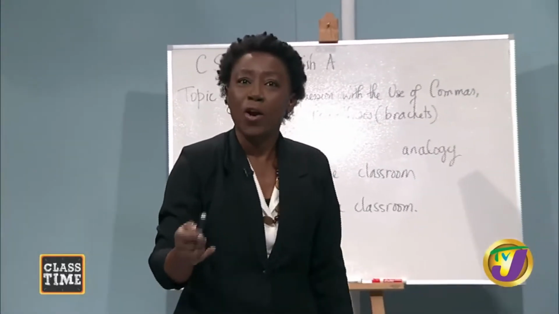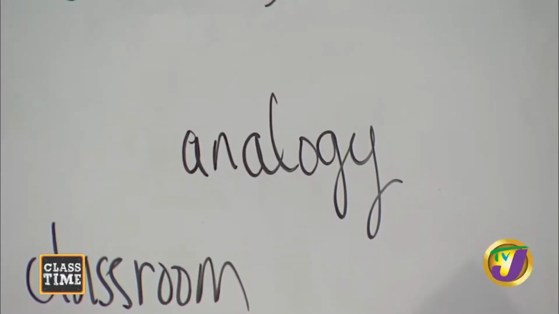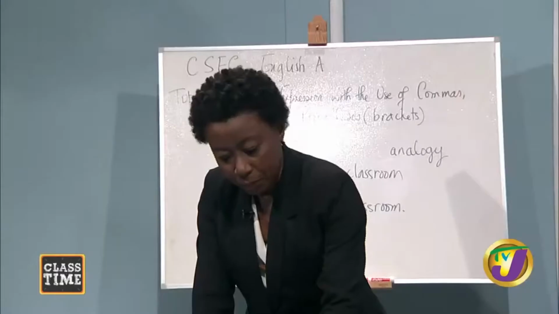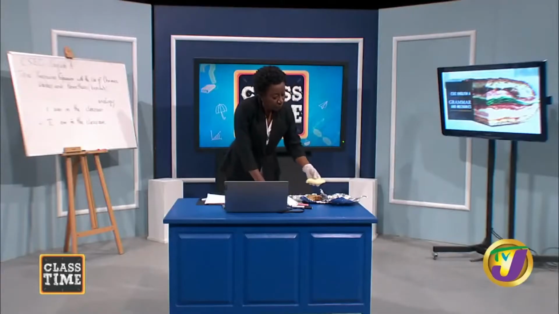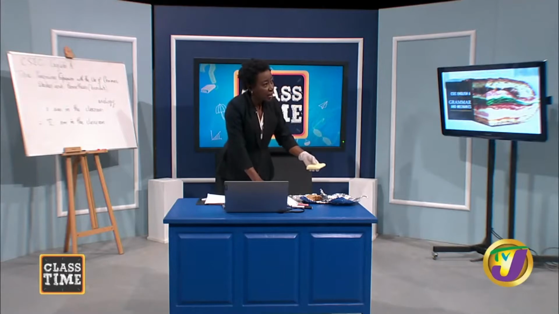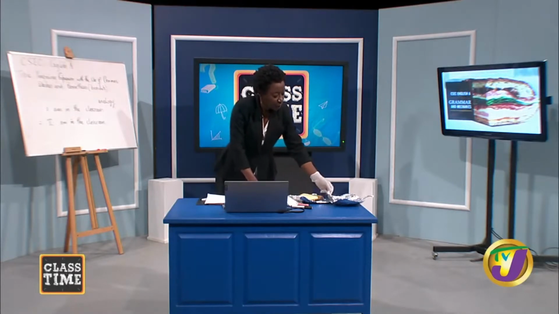Two ideas are compared, but the things are different, but there's an idea that you can use to link the two. So I'm making an analogy. So I open the bun, and this bun is like a sentence, and I add something else.